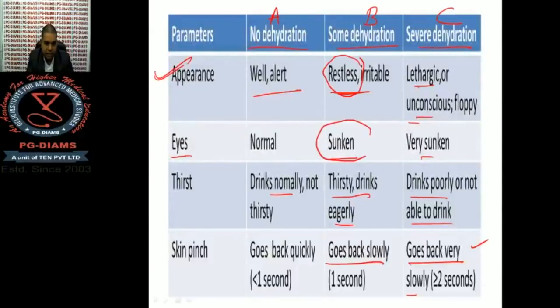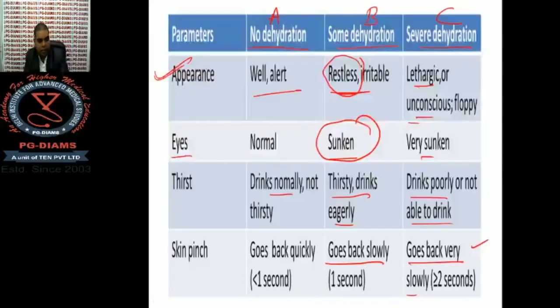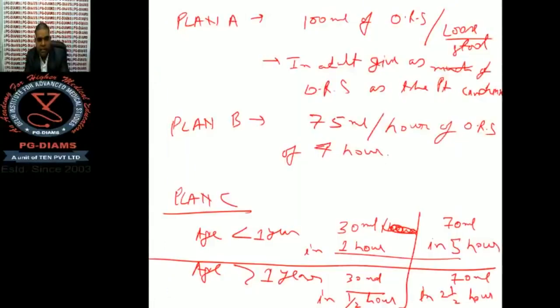Moreover, the child is restless but drinking water, so he drinks eagerly. So again this is a symptom of some dehydration. So according to the some dehydration plan, you will give 75 ml per kg body weight.